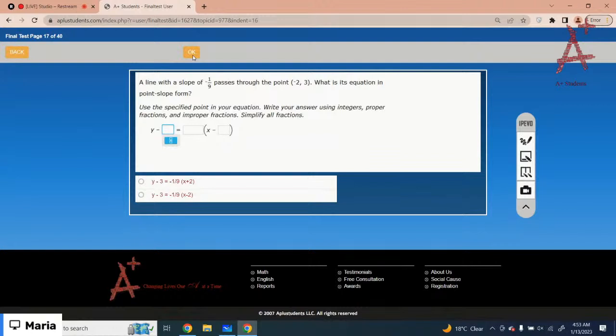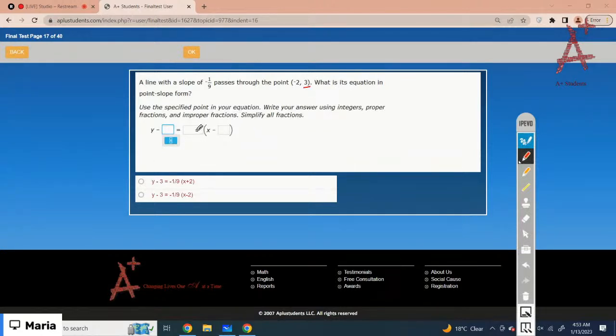Okay, a line with a slope of negative 1 by 9 passes through the point negative 2, 3. Write the equation in slope intercept form. Got it? So it would be y minus y1. y1 is 3, so it would be y minus 3. m is negative 1 over 9, and x minus x1, that would be minus negative 2.